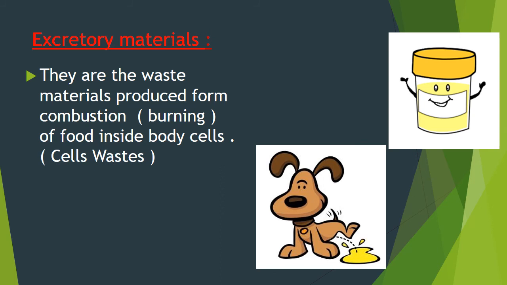That's why we can call it cells waste, okay? So excretory materials are the waste product produced from burning of food inside the body cells. The body cells means the tiniest part of the body, okay? The building unit of the body is called body cell. It's not in a certain organ, okay?